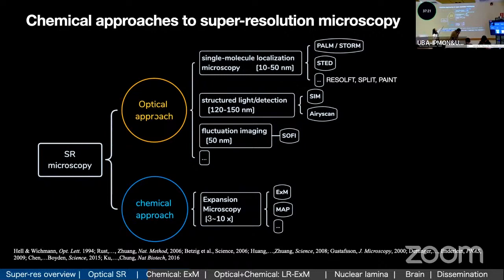So I was trained in the previous optical approach, but in the middle of my postdoc training, this approach emerged. So I quickly redirected my research approach to the chemical approach featuring expansion microscopy.